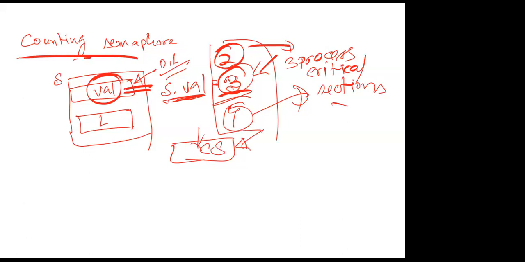For example, if your computer is connected to 3 printers, and the printer is a shared resource, then 3 processes can use the 3 different printers, so 3 processes can be inside the critical section at a given time.